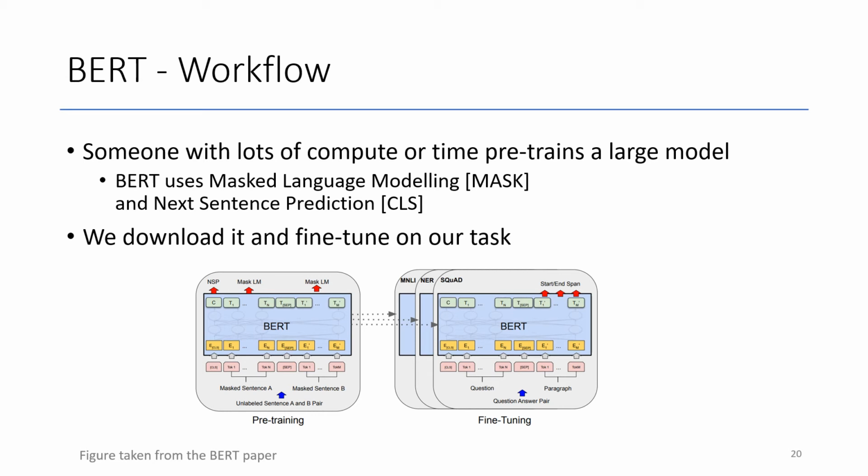So this is something new that I haven't told you before. The next sentence prediction actually uses the CLS token to predict if the second sentence is actually the next sentence in the document after the first sentence, or if it is randomly picked from another document.